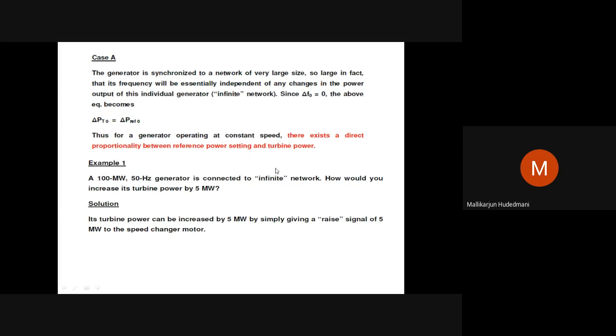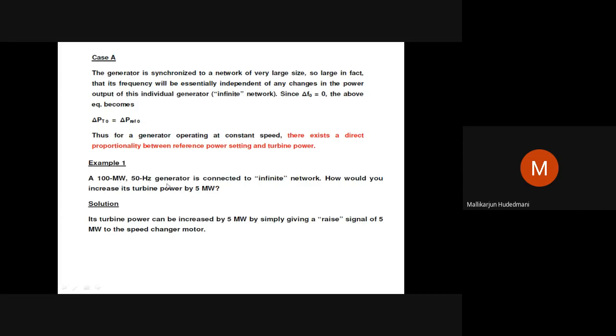There became a necessity: 55 megawatt is the demand. The 50 megawatt becomes 55 over time. How would you change that 50 megawatt to 55 megawatt is the question here. That is a situation when the infinite network is connected to a generator, or a generator connected to an infinite network, droops will not come into the picture.